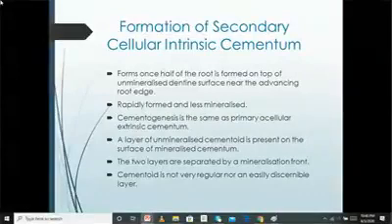However, unlike these two, this unmineralized cementum, which is called the cementoid, is not very regular, and it is not an easily discernible layer on the cementum.